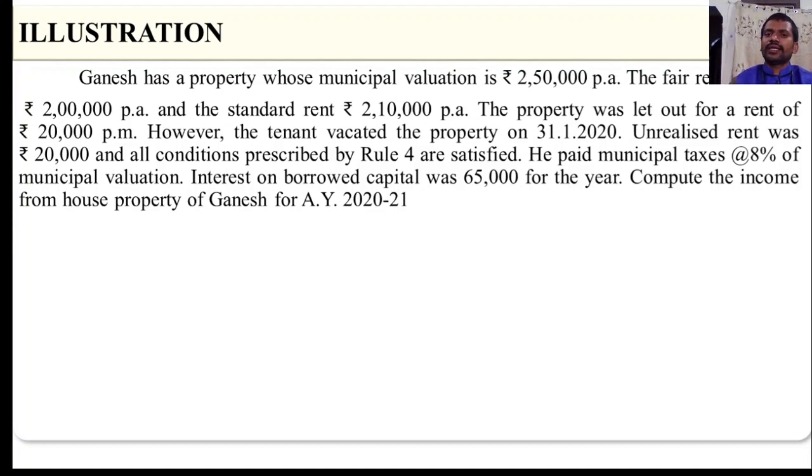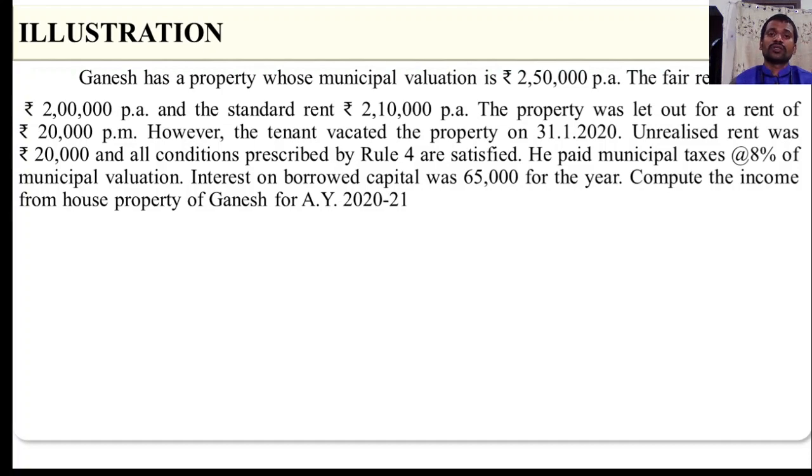However, the tenant vacated the property on 31st January 2020. This property is let out, but the tenant vacated it. It means at present the house is vacant from 31st January. So February 2020 and March 2020 the house was vacant.